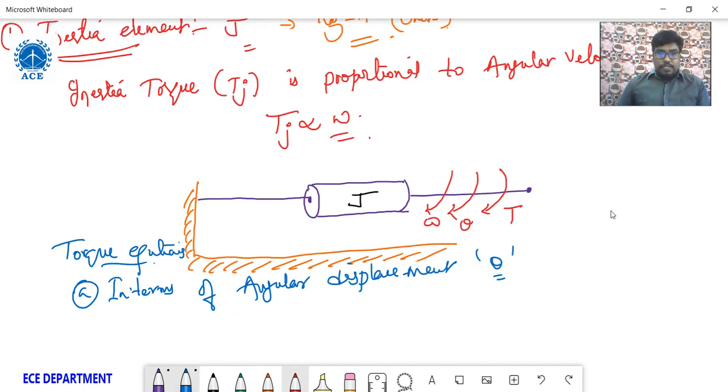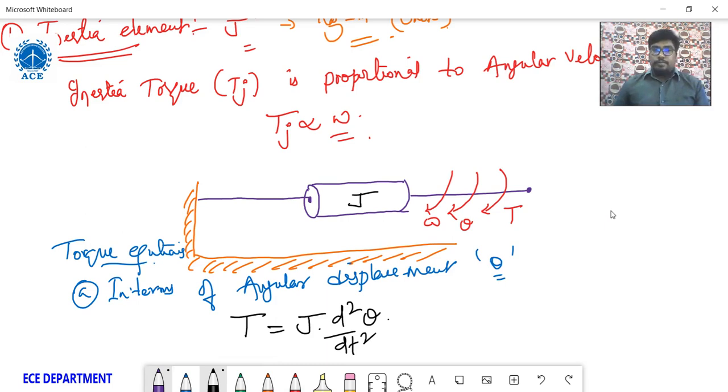So what are the equations we have? See here, torque is equal to J into d square by dt square of theta.